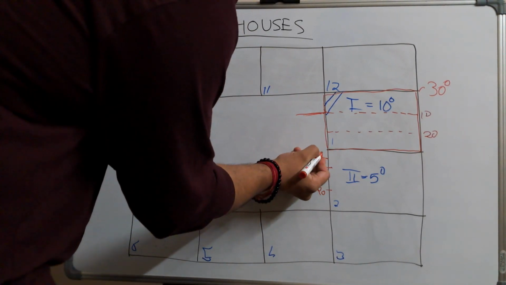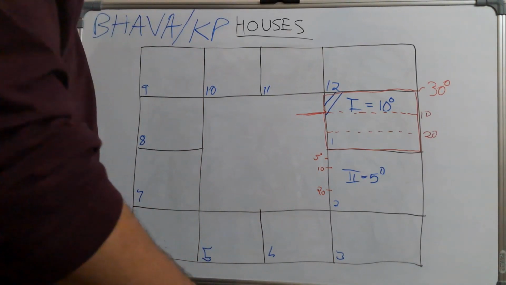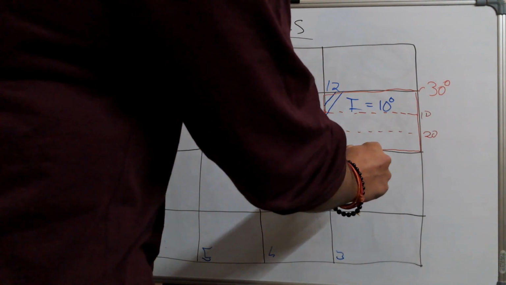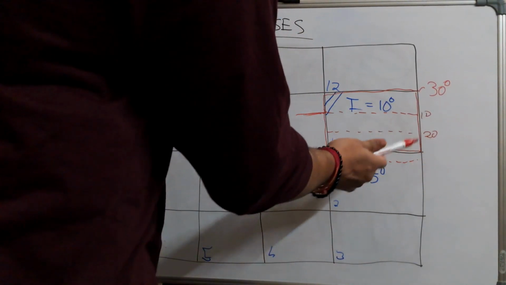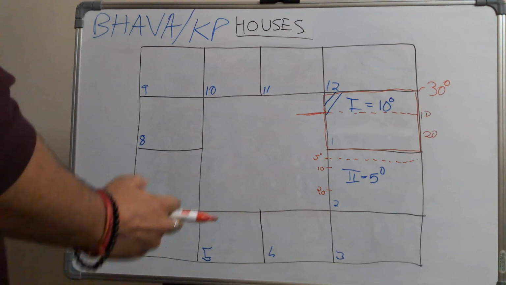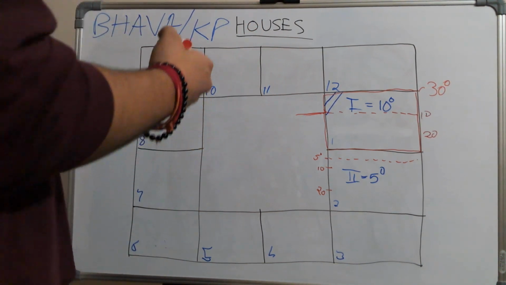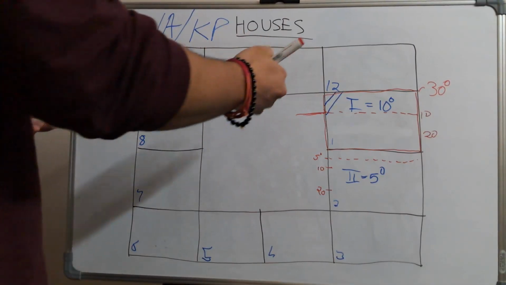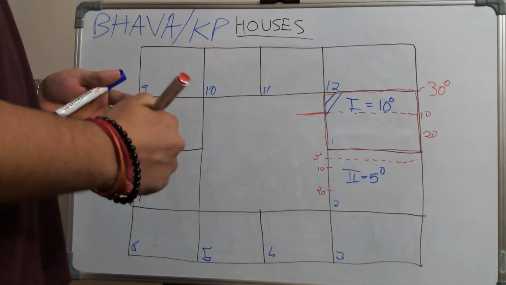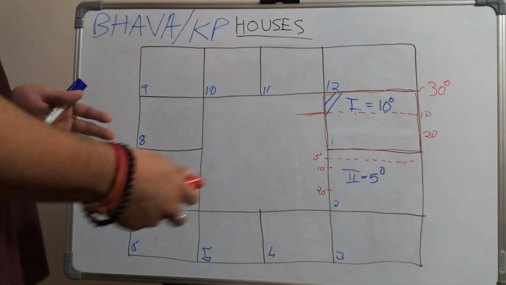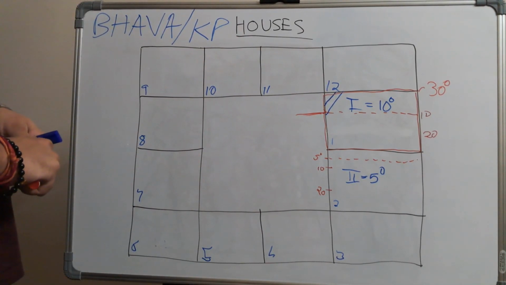So this first house is from, I'll erase this. So whenever we come to KP chart or BHAVA chart, trying to imagine this box becomes crucial, because that will be very helpful to understand the chart better and easily.